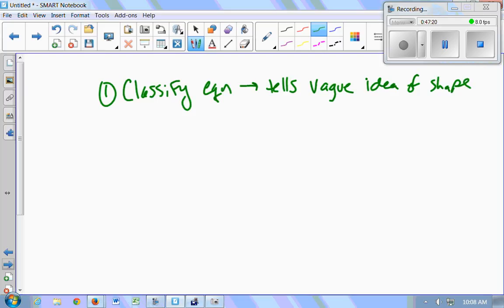And then 2, use info from the equation to get more specific characteristics. Like with a line, you would use the m and the b. With a parabola, you would use the h and the k to get the vertex.